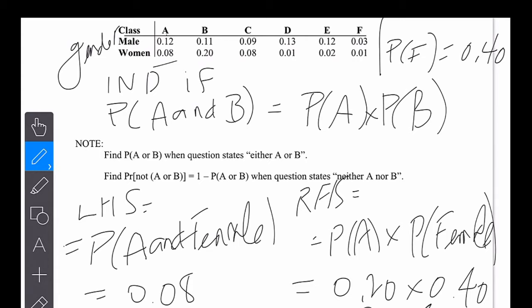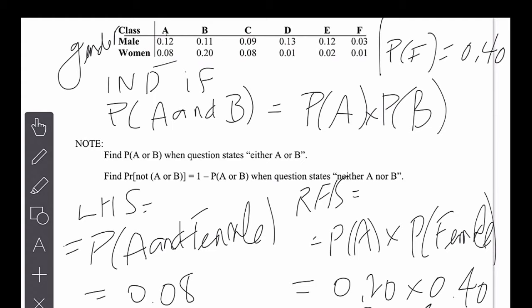Now that didn't have to be the case, but it works out in this example that the probability of these events happening at the same time, occupation A and female, is the same as multiplying those two probabilities together.